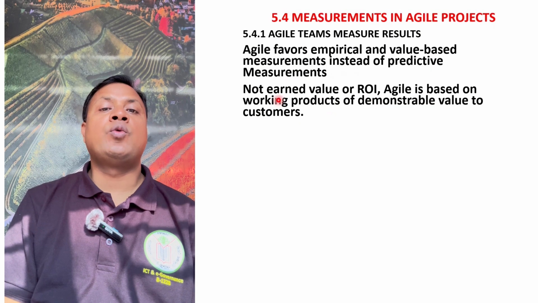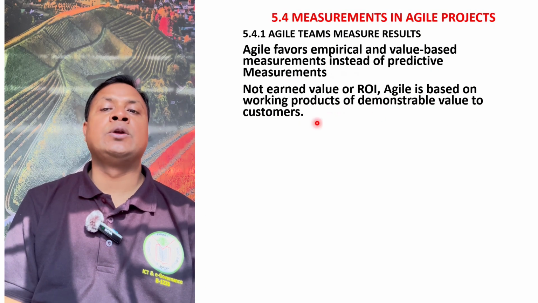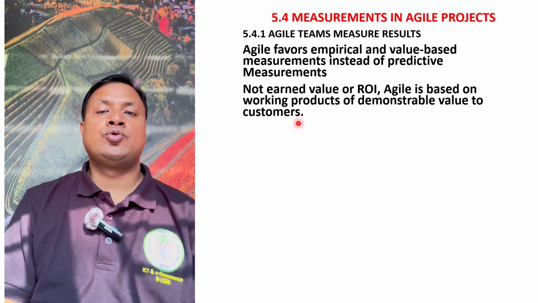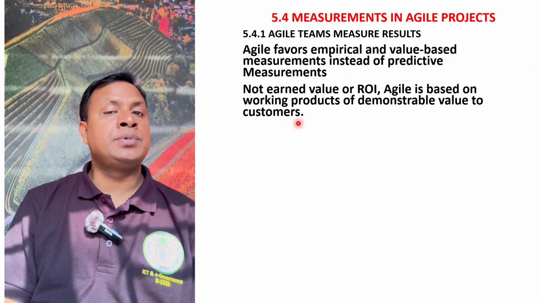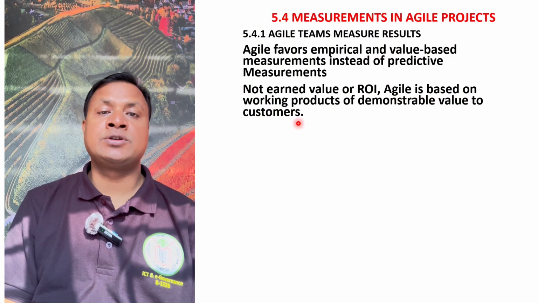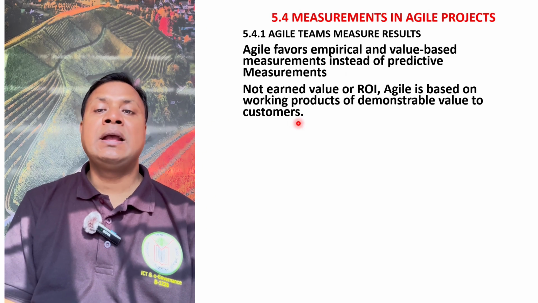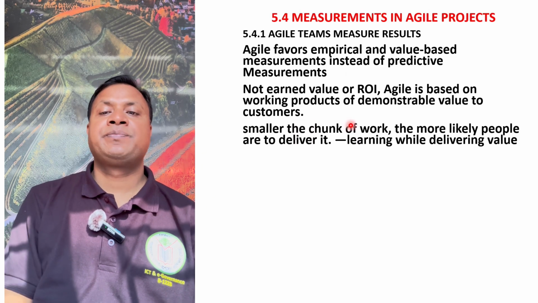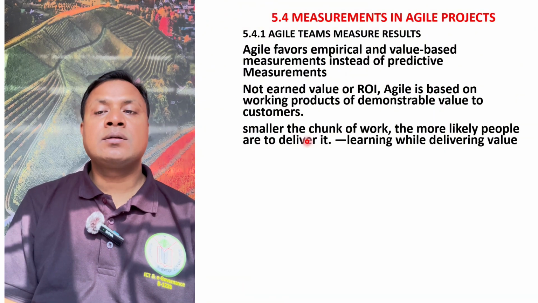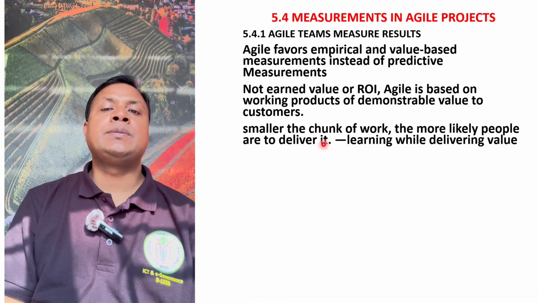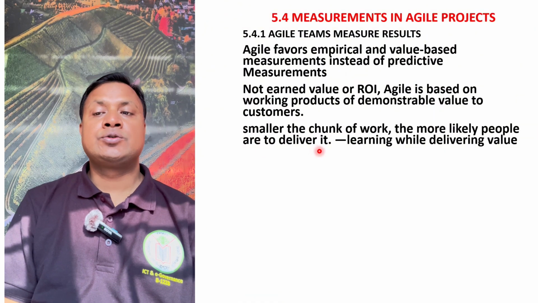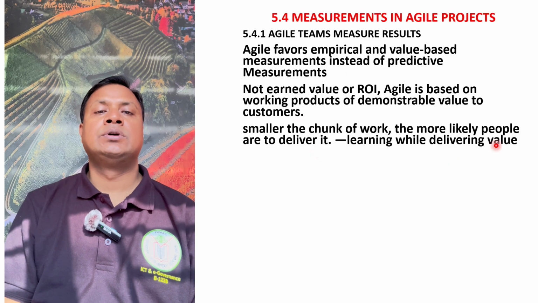Agile is based on working products or demonstrable value to the customer. So what we have already implemented in terms of features or stories, and how we have demonstrated it, what the feedback was, that actually matters. The smaller the chunk of work, the more likely people are to deliver it. So learning while delivering value.